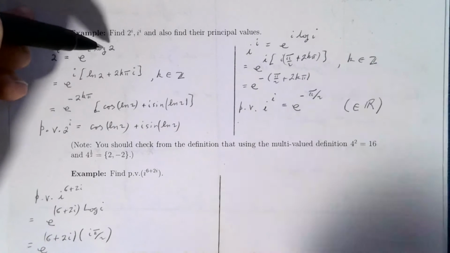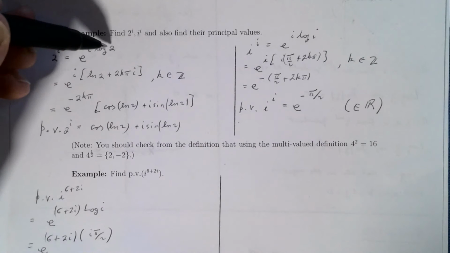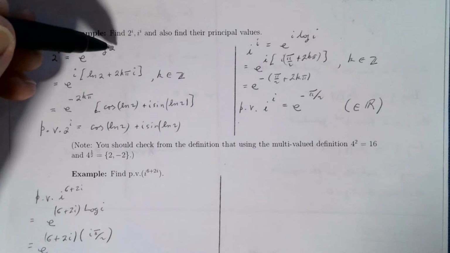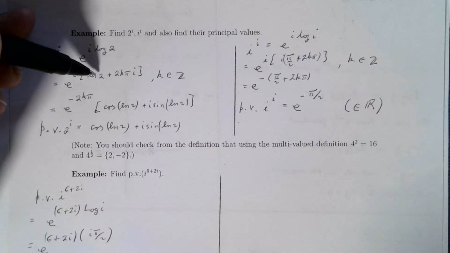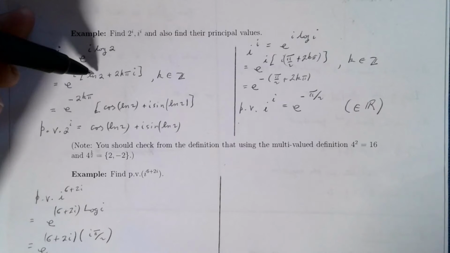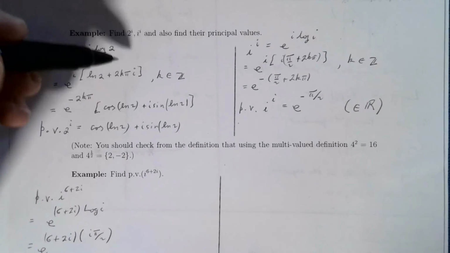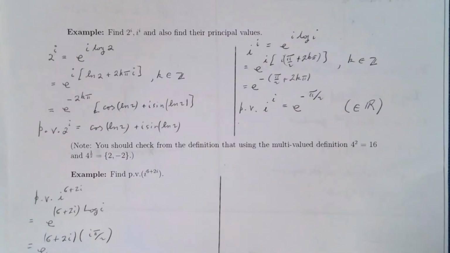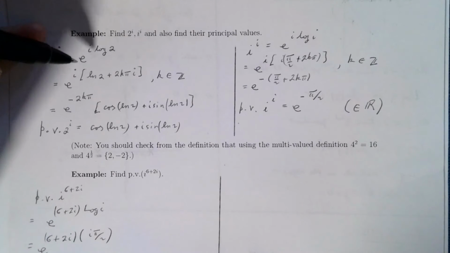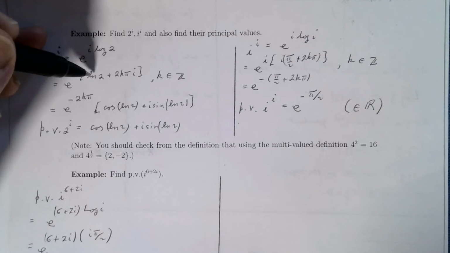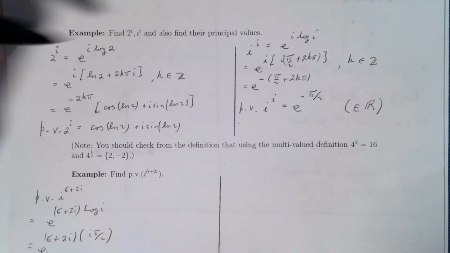The modulus of 2 is 2, so we have ln 2, plus the principal argument of 2, which is 0, and then we add on 2k pi i. So we have e to the i times (ln 2 plus 2k pi i), where k is an integer.